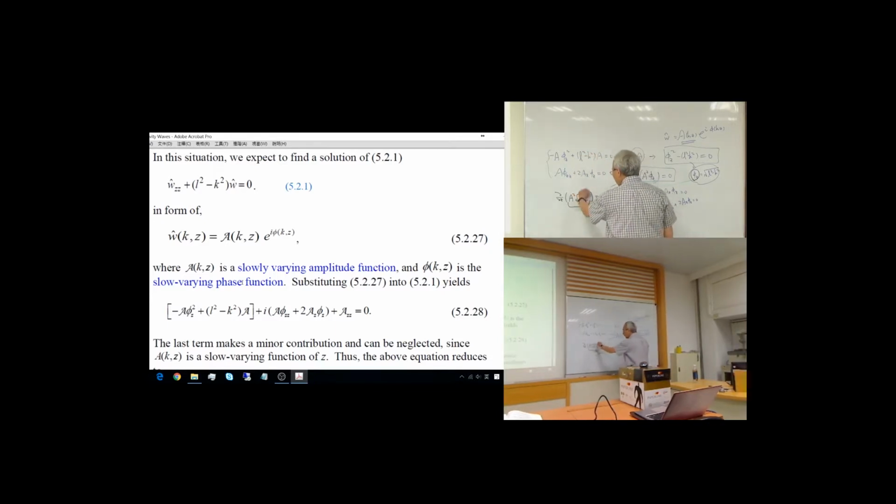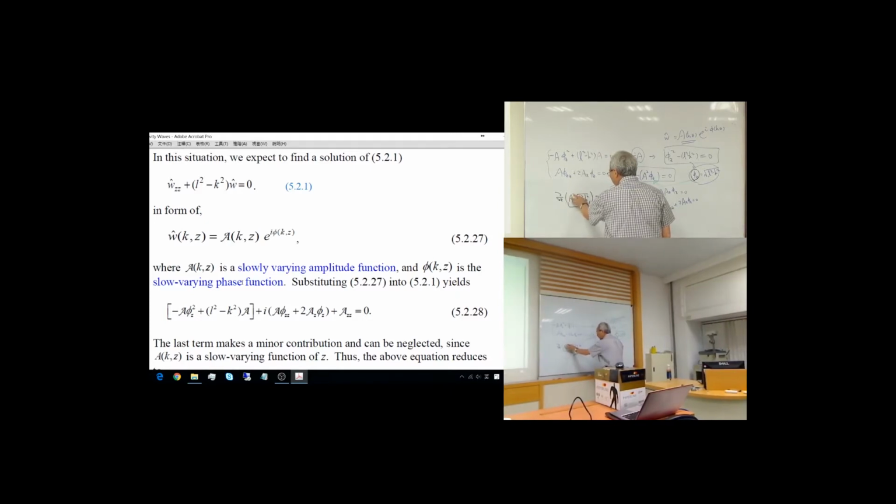If partial G equals 0, that means this is constant in terms of G, so it's not a function of G. So that means A square times L square minus K square is equal to a constant.